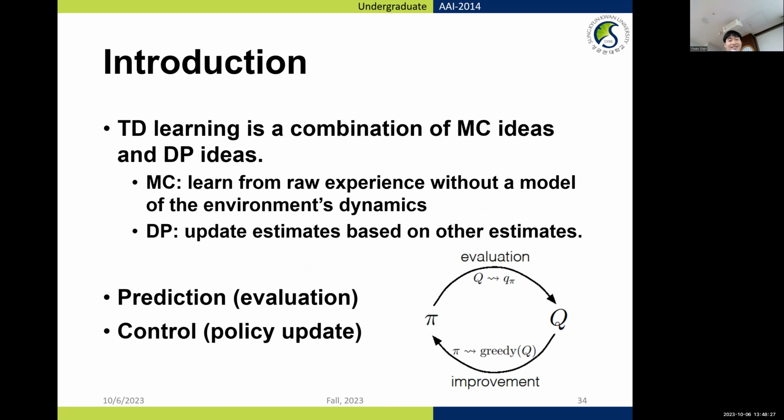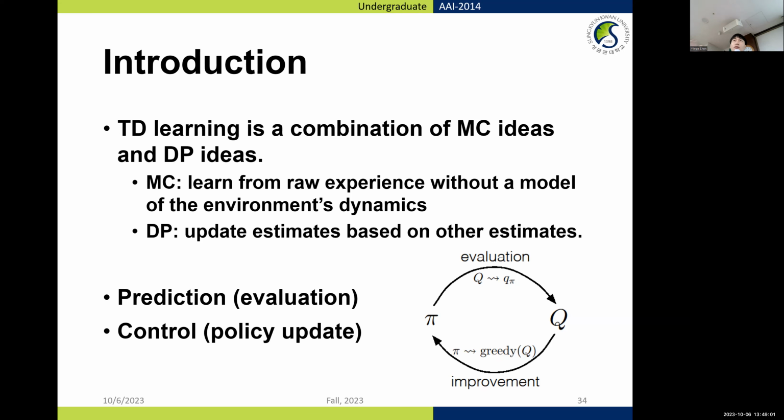Now we move to TD learning. TD learning is a combination of MC ideas and DP ideas. What ideas do we use from MC and DP? In MC, we learn from experience, right? We don't know the environment. And in DP, we know the environment model, then we update our estimate based on the surrounding states, right?